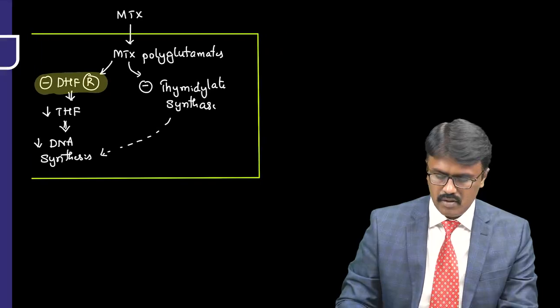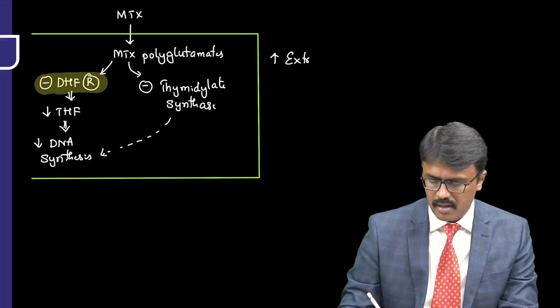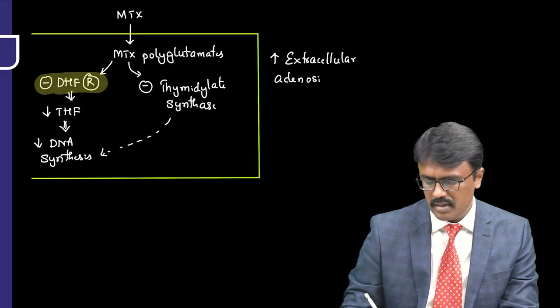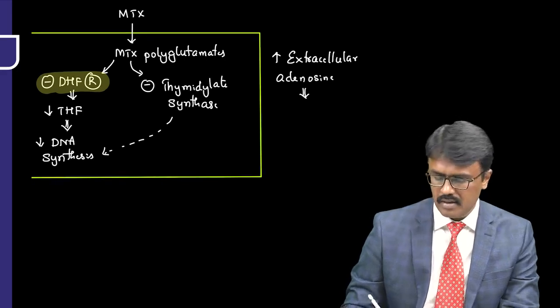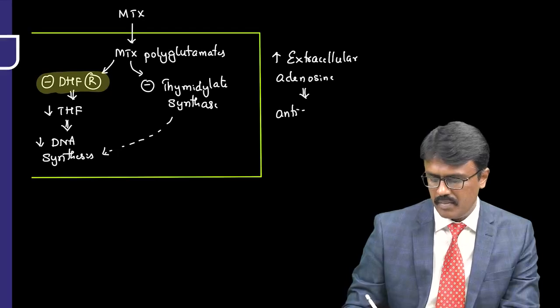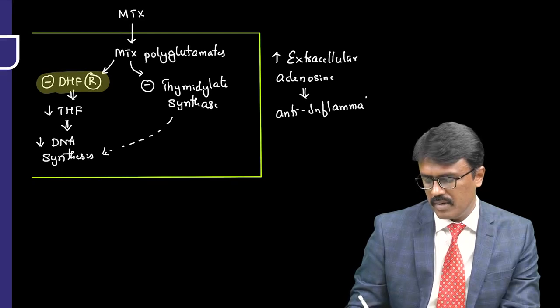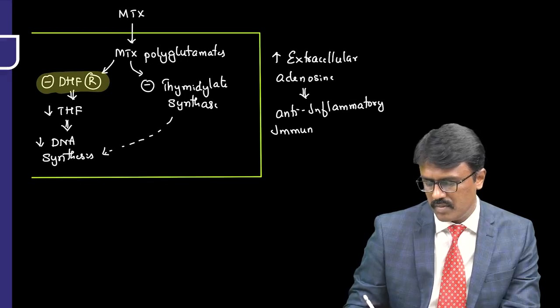Now methotrexate has also been shown to increase extracellular adenosine levels. By increasing extracellular adenosine levels, it produces an anti-inflammatory property as well as an immunosuppressant property.